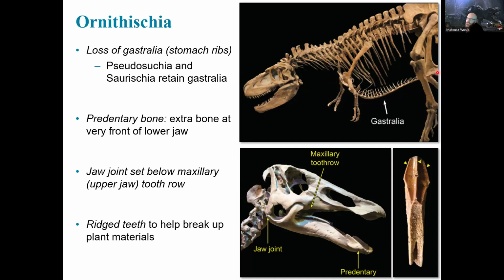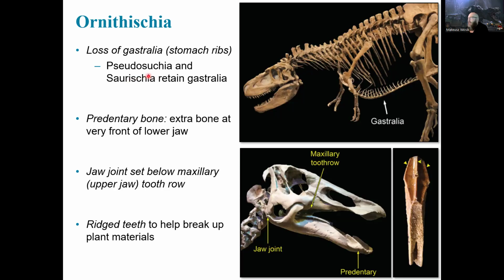Crocodiles share the same thing too. Based on extant phylogenetic bracketing, since crocodiles and saurischians have it, that was likely the more ancestral condition, and therefore ornithischians lost these at some point during evolution.